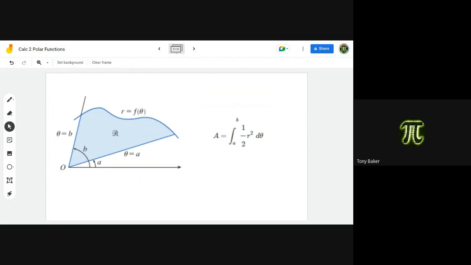In this case, we're going from A to B, so theta is A to theta is B. Think of that as just like your x's. What was your beginning? What was your end? Same thing when we're rotating. All we're doing is squaring your radius and figuring out the integral of it.